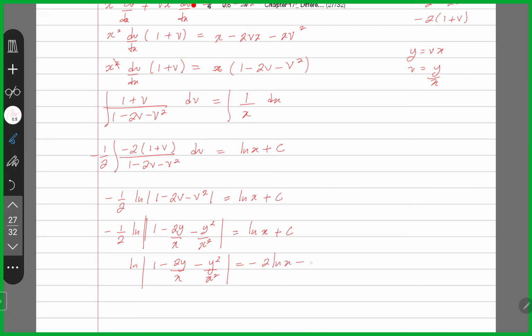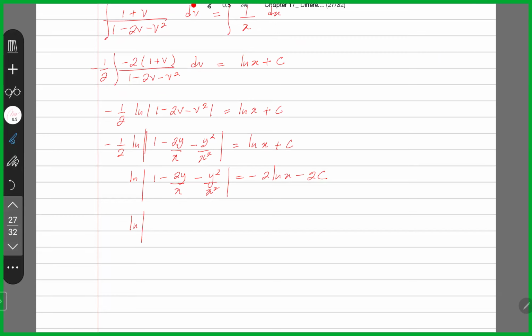And if I want, I could say ln (1 minus 2y over x minus y squared over x squared) is equal to ln (1 over x squared) minus 2c as my solution of the differential equation.